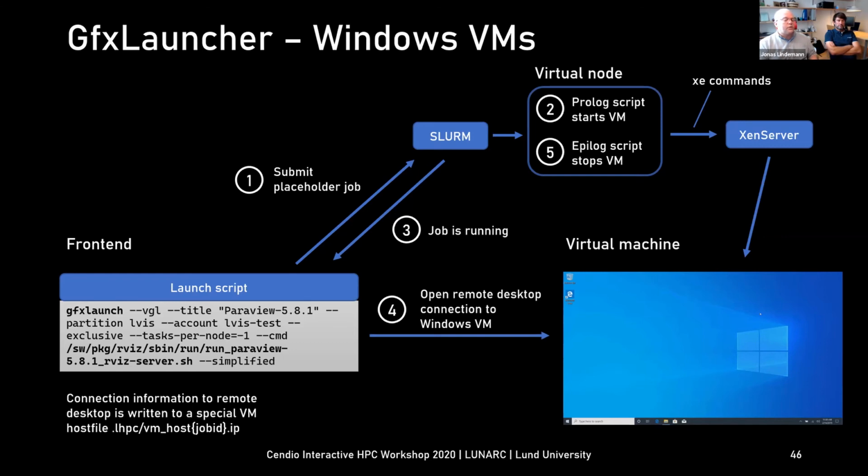So when the job arrives, the prologue script looks at the configuration, starts up a virtual machine, and writes an information file to the user's home directory for the started virtual machine. When the virtual machine has started, it connects to this machine using remote desktop connection, so the RDP protocol. And when the wall time is over, the epilogue script shuts the virtual machine down in a controlled way, so to speak.